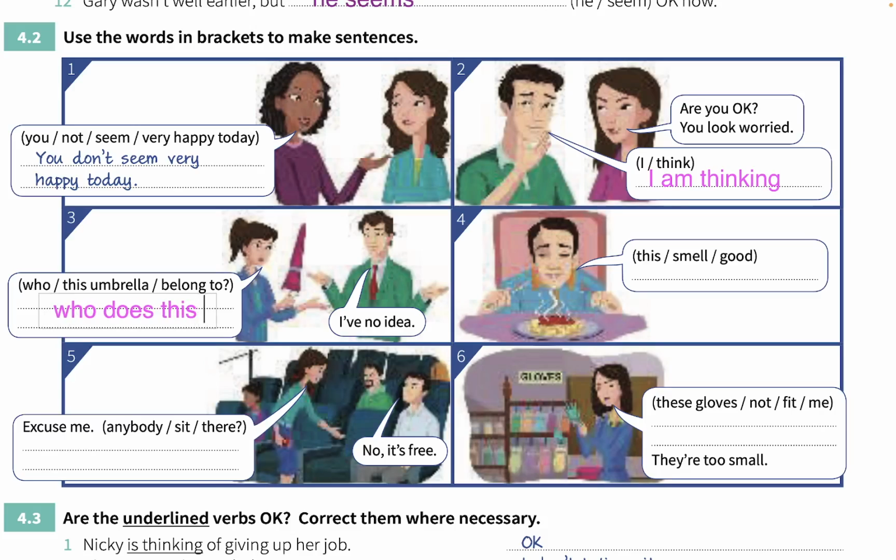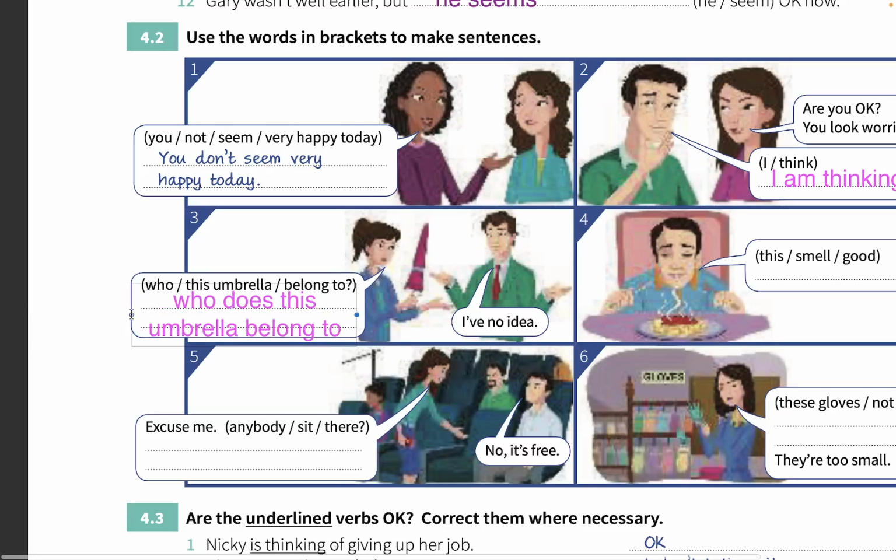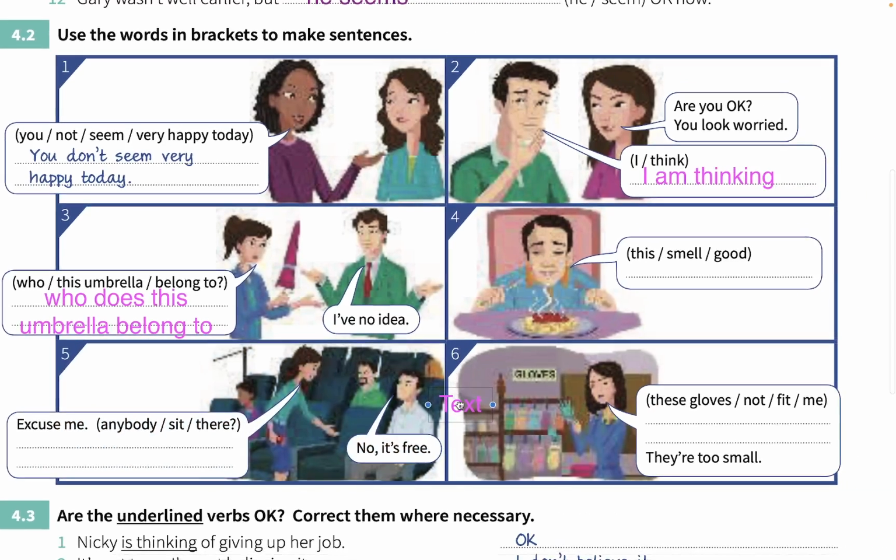Yes, this umbrella belong to? Who does this umbrella belong to? Number 4. This smells good. Yes. Smells good. Good.